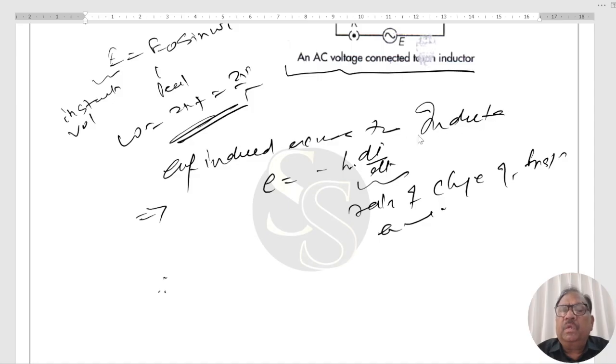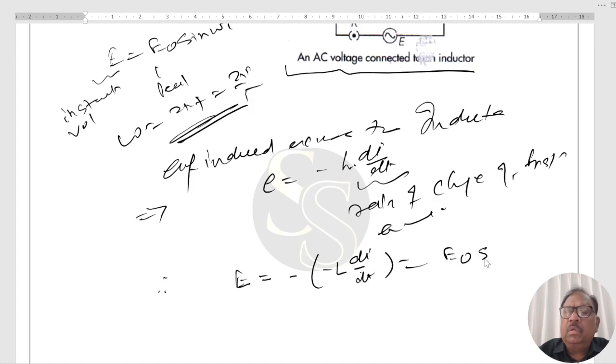Then E equal to minus L di by dt will be equal to E naught sine of omega t.